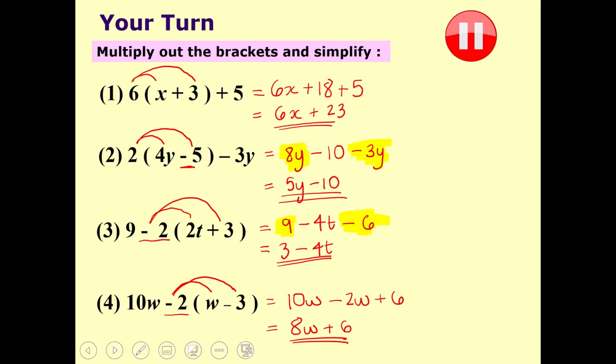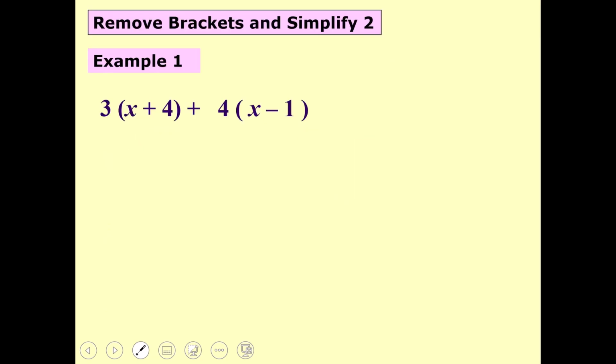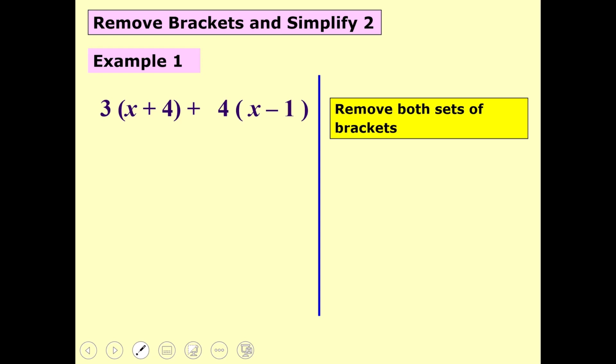We're now going to move on to look at another set of 4 examples, and this time we're going to be faced with 2 brackets, but we're still going to use the same steps as we've done before. Okay, so the first thing we're going to be doing is removing both sets of brackets. So we're just going to focus on one bracket at a time. So the first one we're going to be multiplying by 3.